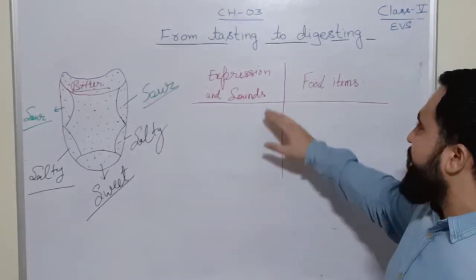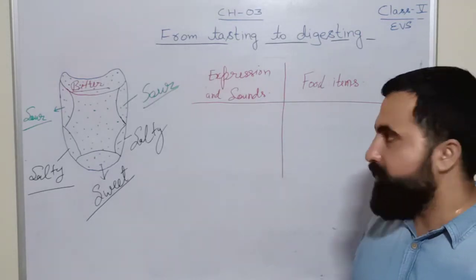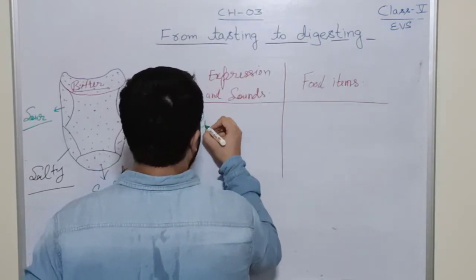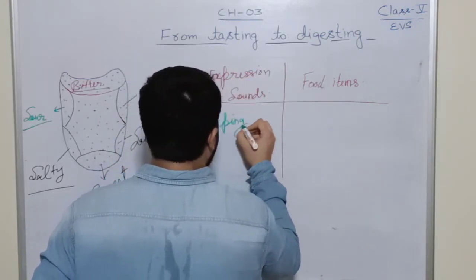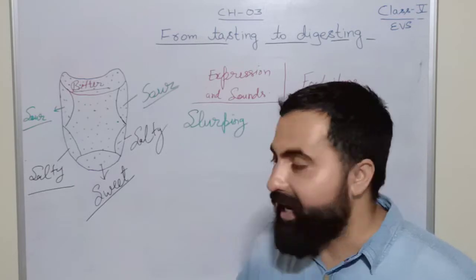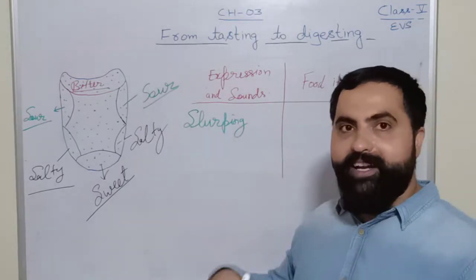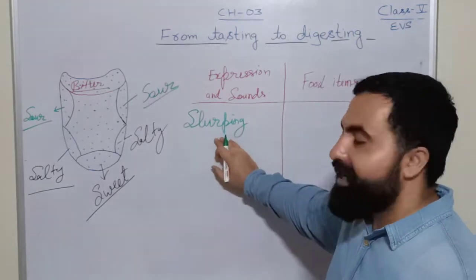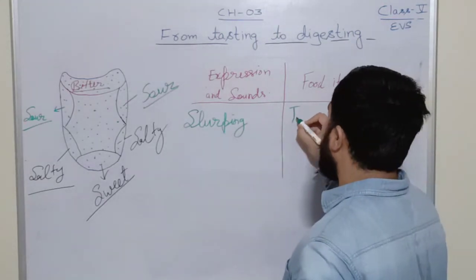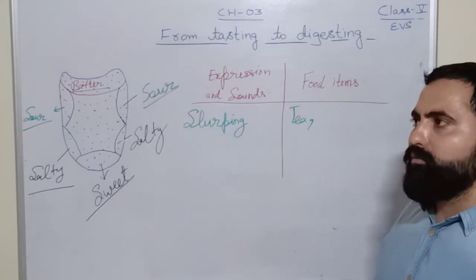So the next is expression and sound and food item. One expression and sound I am writing here is slurping. Have you made the sound of something you are drinking? That sound is slurping. Can you tell me the food items we make that sound for? Yes, while we are taking tea, coffee, or soup also.